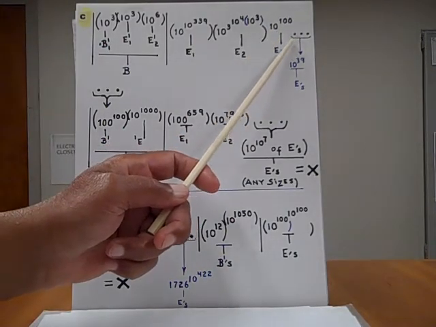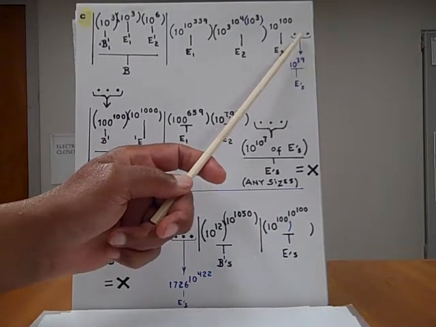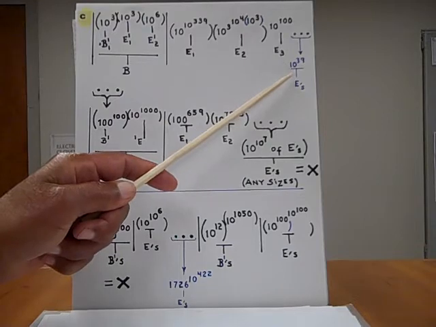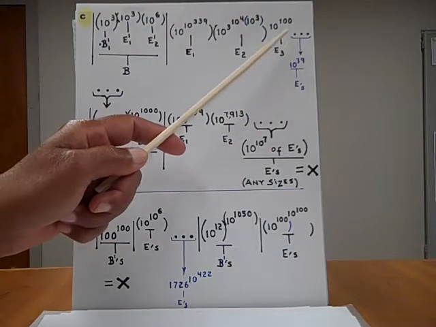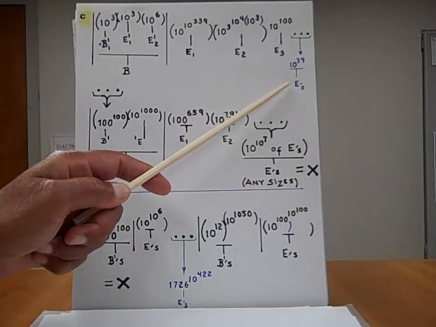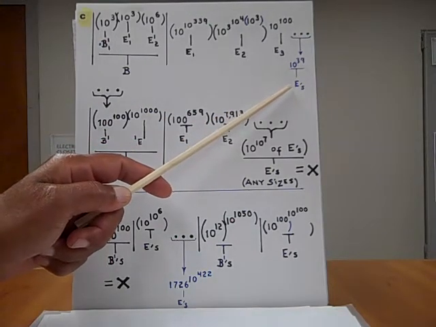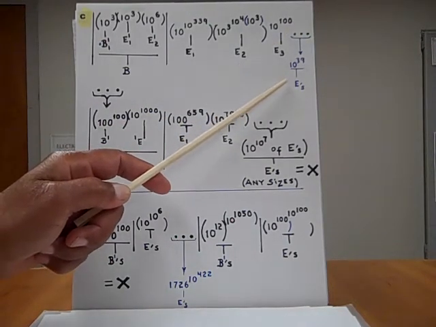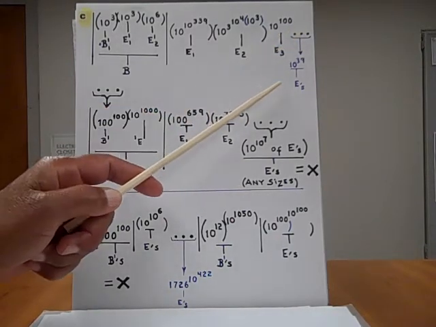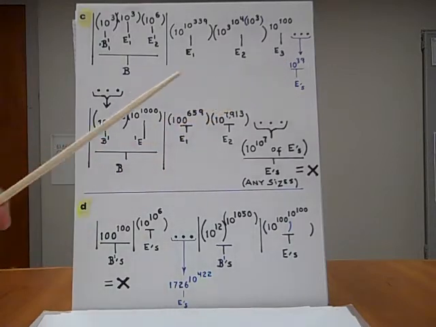You see 3 dots right here. That means and so on. That means that 10 to the 39th power of exponents are written in this so on. That's more than one exponent written in this and so on, of any sizes.